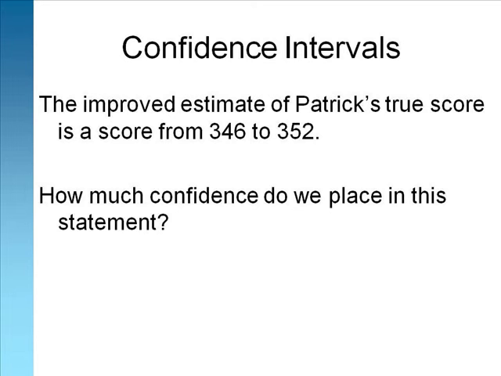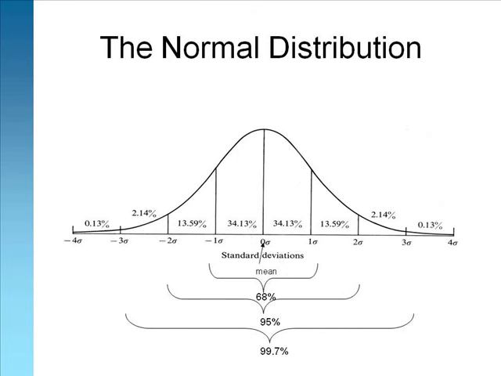How much confidence do we place in this statement? Confidence intervals give us a statistical basis for making a statement of confidence. They rely on the normal distribution. Recall that for scores that fall in a normal distribution, roughly 68% are within one standard deviation, 95% within two standard deviations, and 99.7% within three standard deviations.